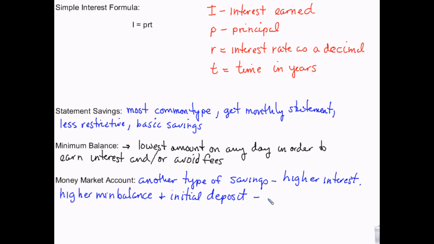And in general, there's more restrictions, and this will vary by the bank. There's not some set of rules all money market accounts have. It depends on the bank. So they're more restrictive. If in a regular savings account you're allowed to do 3 transactions electronically, but you could go to the bank and do however many more you wanted, in the money market account you wouldn't be allowed to do that.